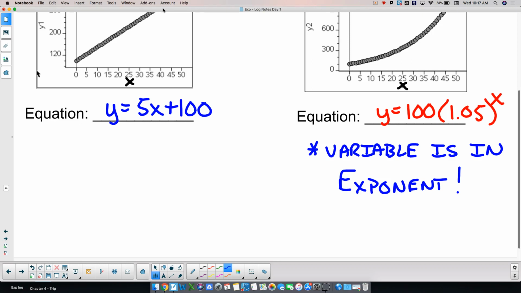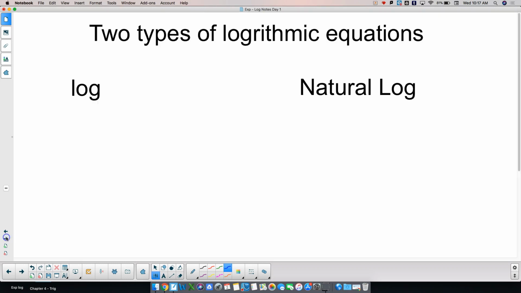Now, there are two types of logarithmic equations. There's regular logs and there's natural logs. A regular log looks like this. It's got a base and it's got another number in it, and that other number is called the argument.